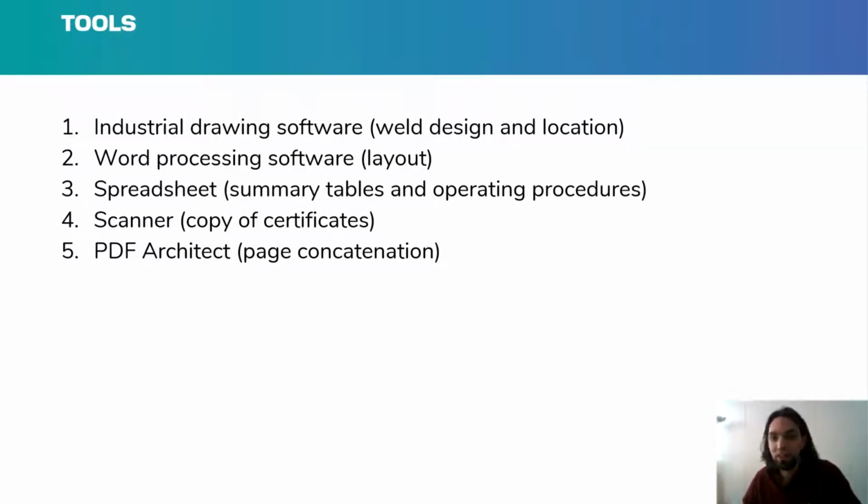A scanner, because you need to scan and copy some WPS, PQR, certificates, NDT reports, etc. And you need to concatenate or combine everything in one document. And the best tool I know is PDF Architect, and it's free.